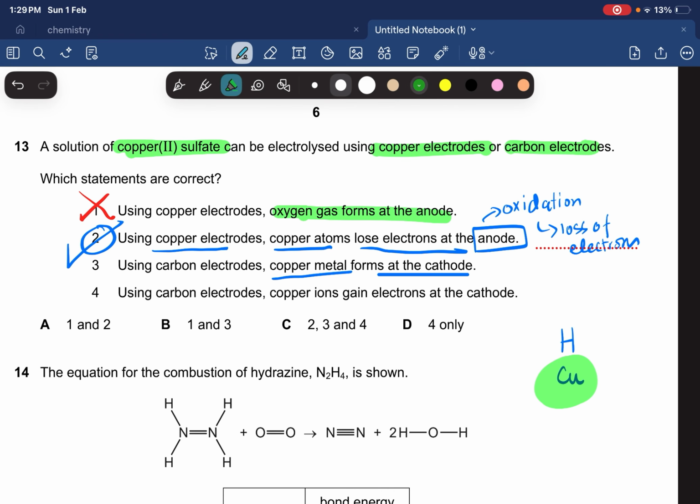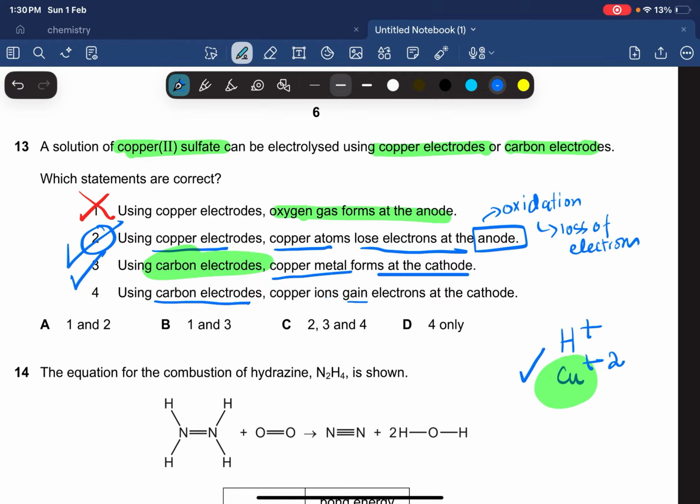So over here, when we use carbon electrodes, all the positive ions we have are hydrogen ions and copper 2 plus ions. Out of them, copper is more unreactive, so it's going to discharge, which makes option 2 correct. Next says, using carbon electrodes, copper ions gain electrons at the cathode.